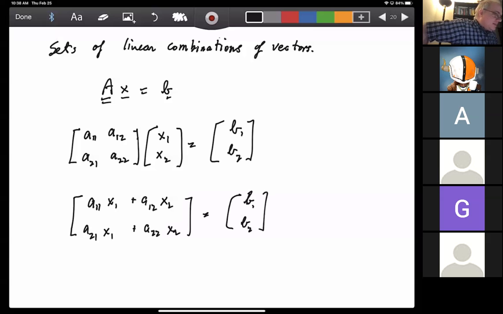And I'm going to notice that I can think about this problem in a slightly different way. I can think of what I have here when I do that matrix times vector on my left-hand side. I can think of what I have in the following way.